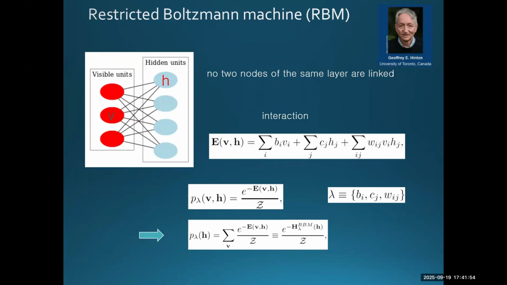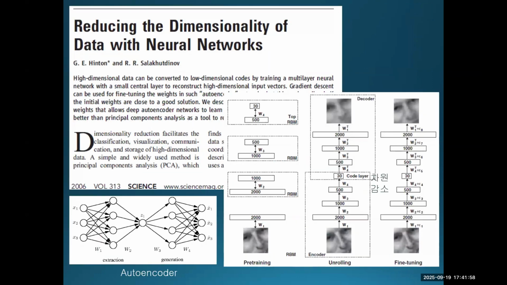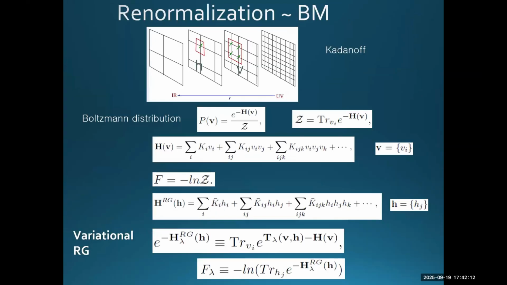Using RBM, you can extract information of a large system into a small system. It looks like a kind of renormalization. And with this renormalization group approach, they showed that variational renormalization group is similar to the Boltzmann machine. The Boltzmann machine is a kind of deep learning.